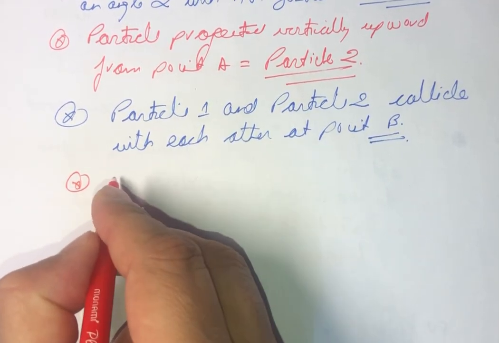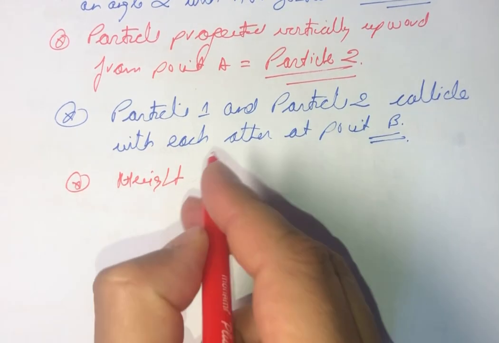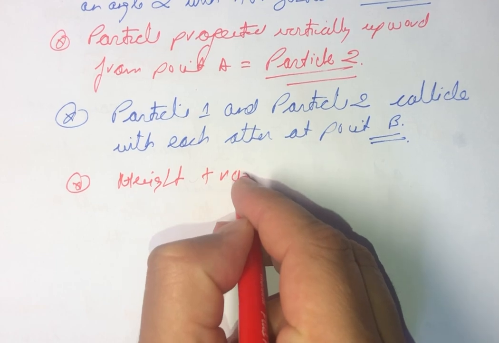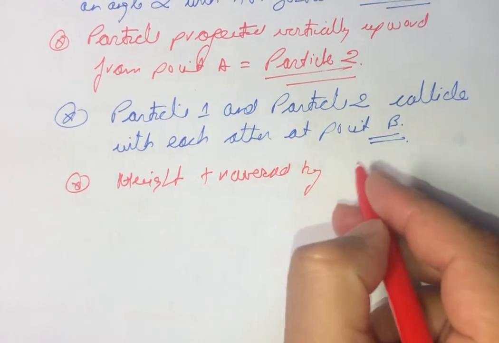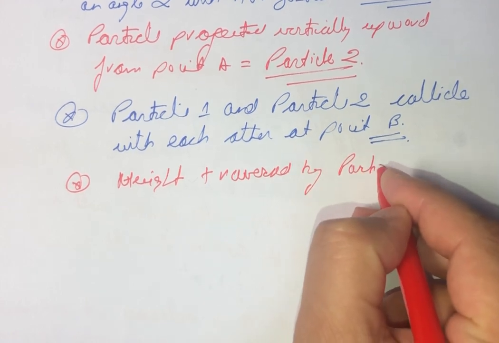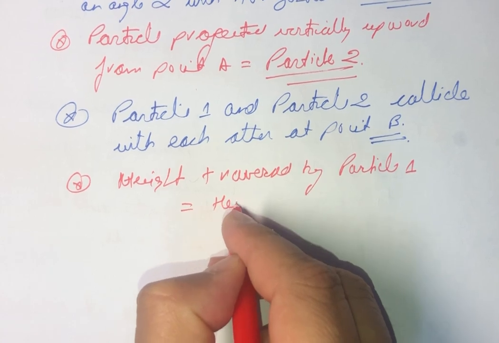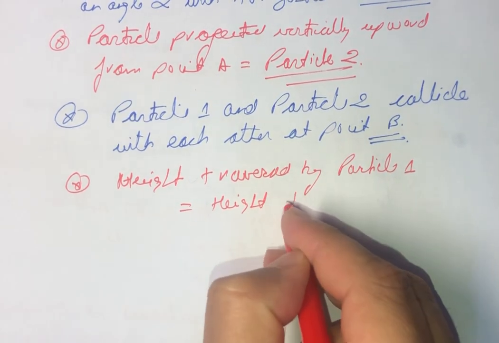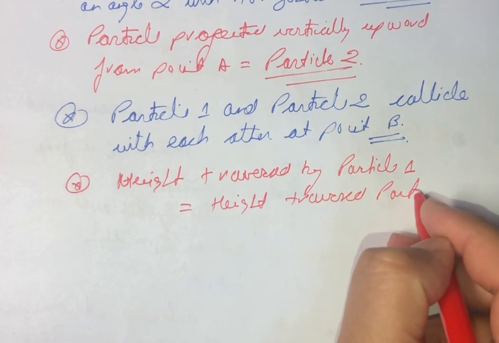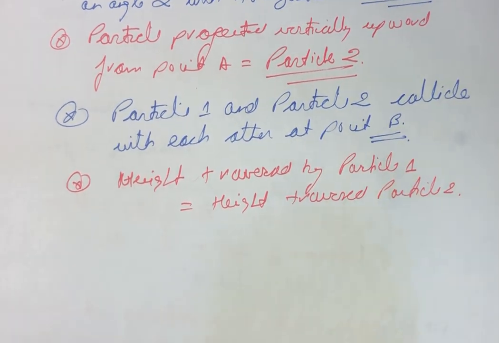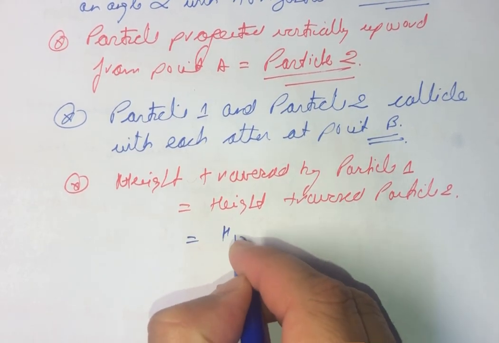You can say the height traversed by particle 1 is equal to the height traversed by particle 2, and this is given as h max.